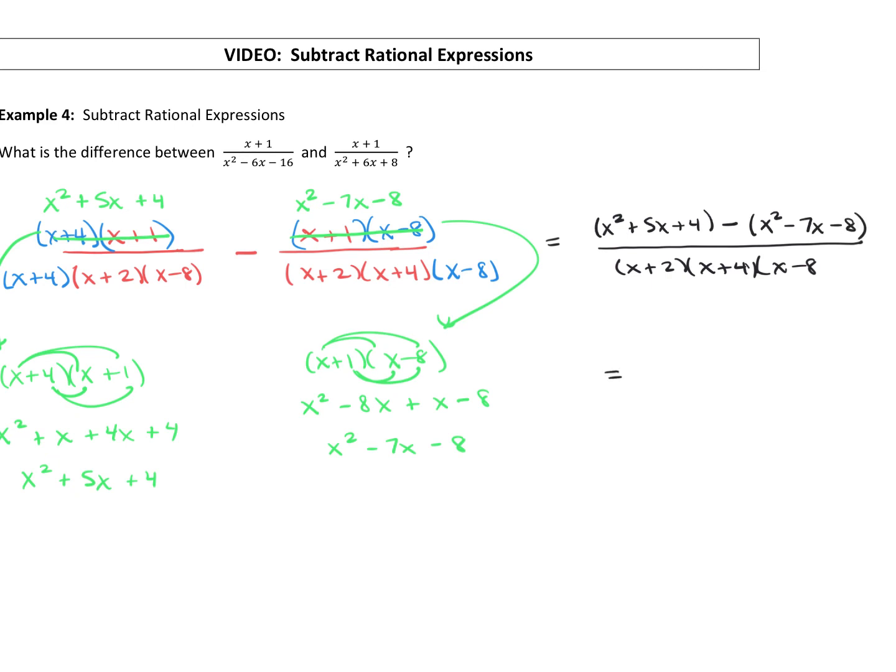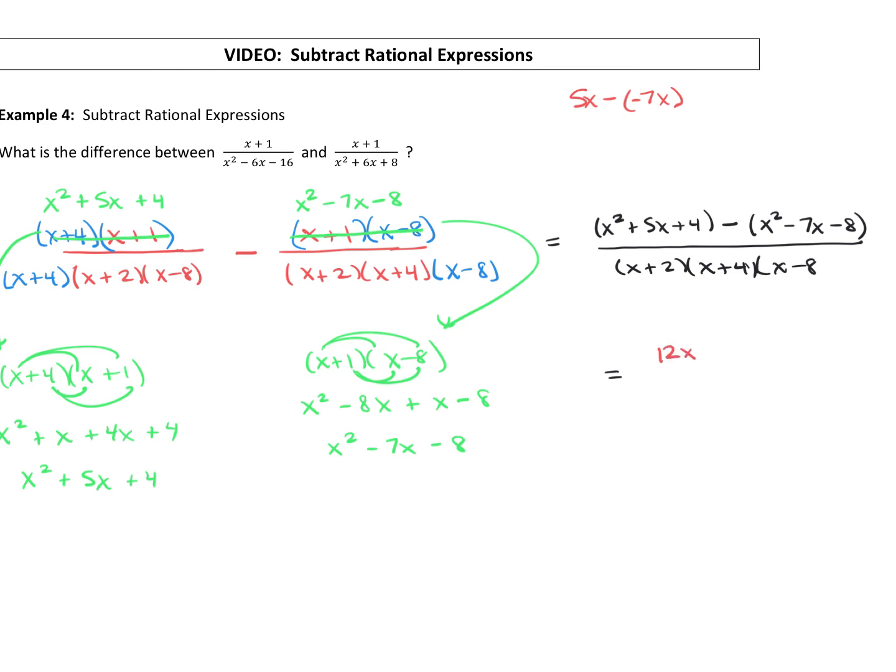Okay, so let's go ahead and do the subtraction of our numerator. We are subtracting like terms. Do we have any x squareds that it can subtract with? x squared minus x squared, those cancel each other out. We no longer have an x squared. We have to be very careful with our signs. We have a 5x minus a negative 7x. What happens when you subtract a negative? It turns to addition, so we actually have 12x.